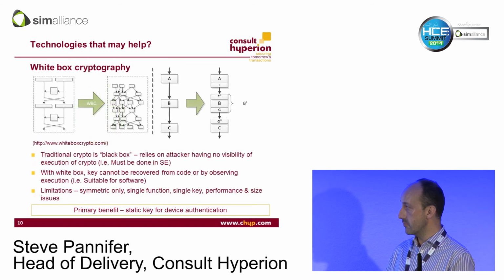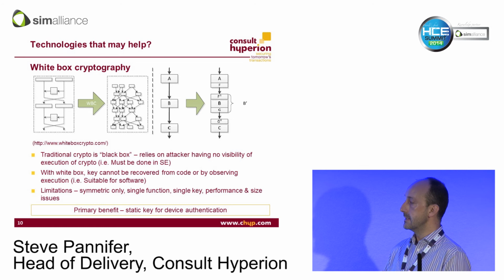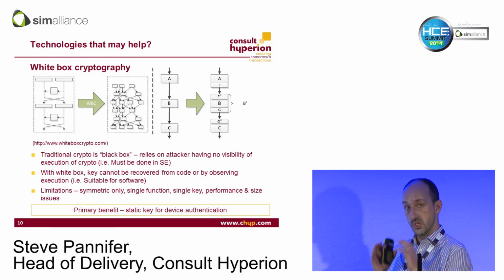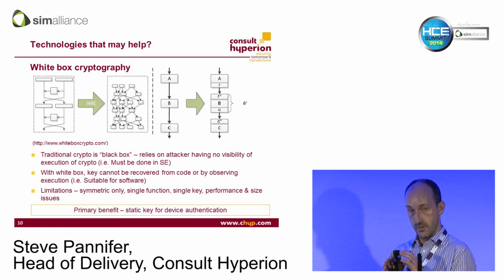The other thing I ought to quickly talk about is white box crypto, which is being mentioned a lot in conversations around HCE as an alternative to hardware cryptography. A secure element is what we call black box cryptography.